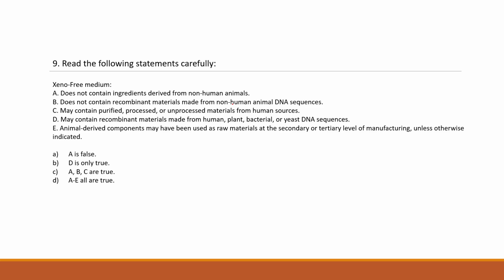E, animal derived components may have been used as raw materials at the secondary or tertiary level of manufacturing unless otherwise indicated. So read it properly, and then your options are: A is false, D is only true, A, B, C are true, or A, B, C, D, all are true. What is the answer for this?